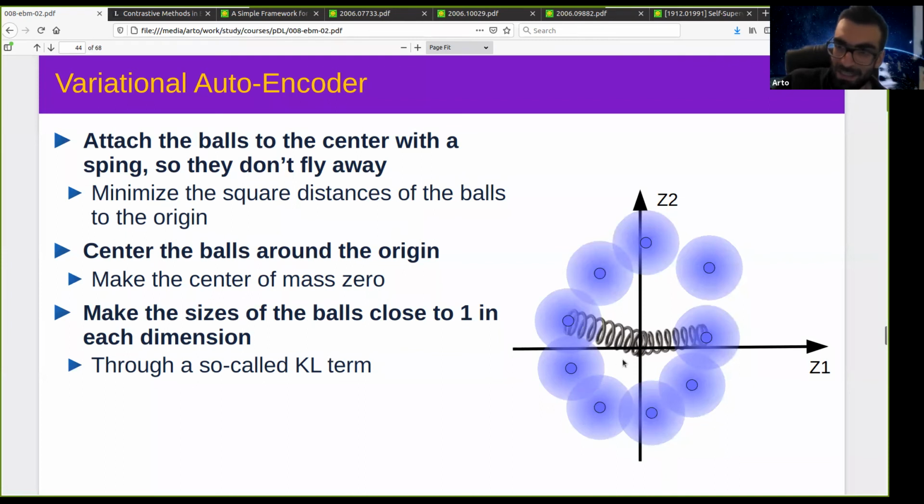So we are supposed to learn a meaningful way to pack all of these in a restricted area, right?